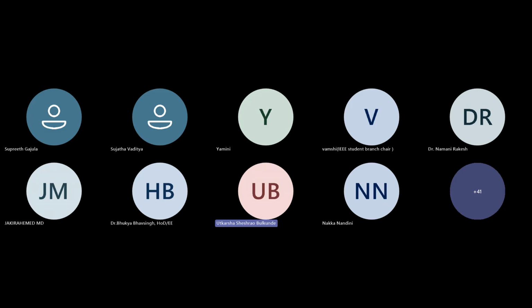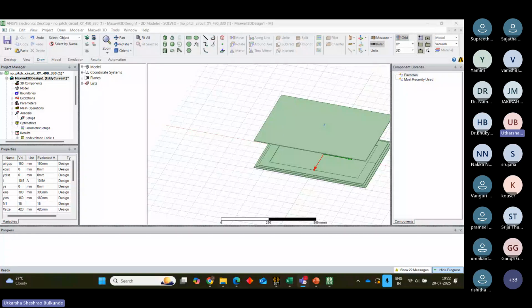For analyzing misalignment, I'll share my screen. We have to parameterize that distance also. Here, I have parameterized the x distance and y distance. For now it is 0 0, which means my transmitter and receiver coils are one above the other.